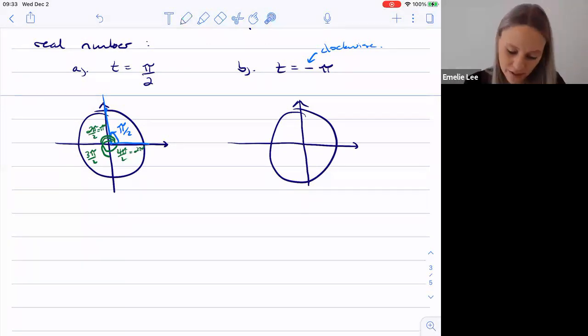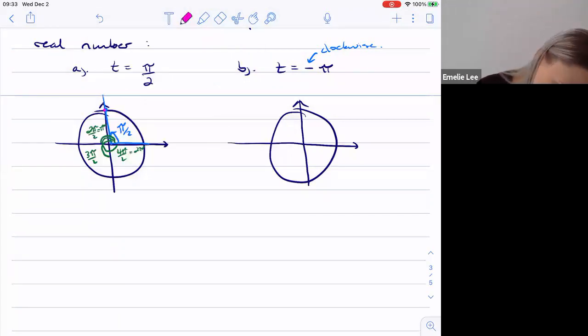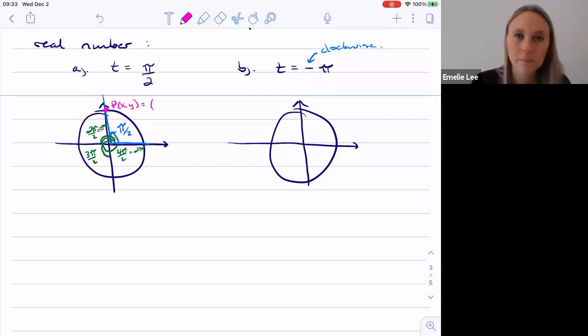So we know that pi over 2 is this first kind of quarter cutoff point. And we also know, because we're on the unit circle centered at the origin, that this point, P(x, y), is going to be when x is 0 and y is 1, just looking at where you are on the xy plane.